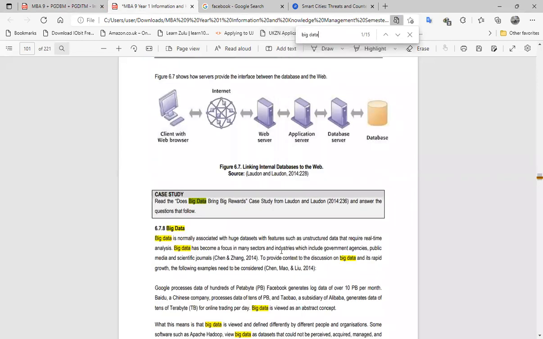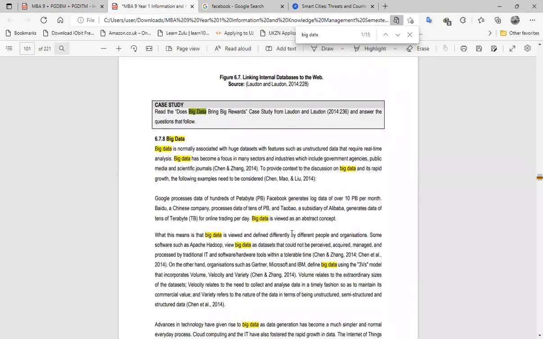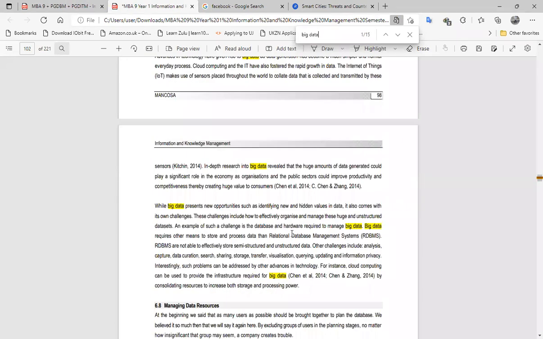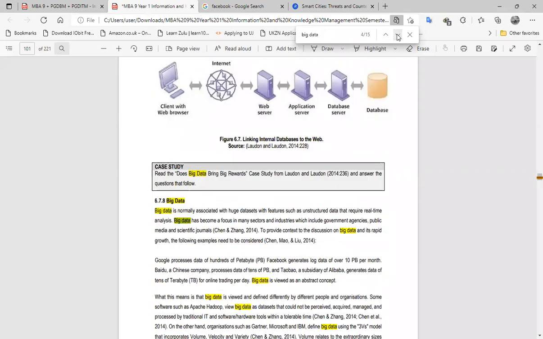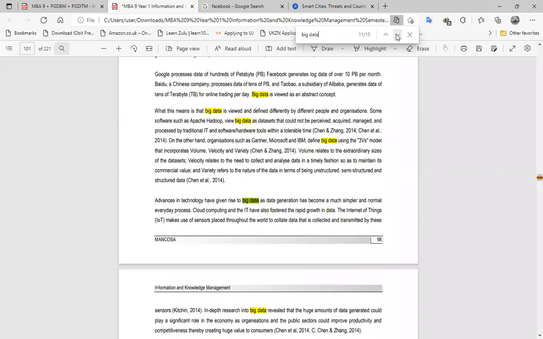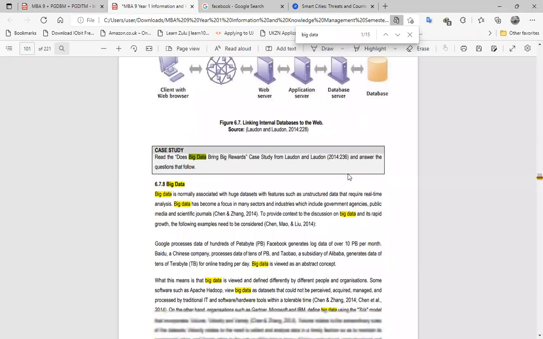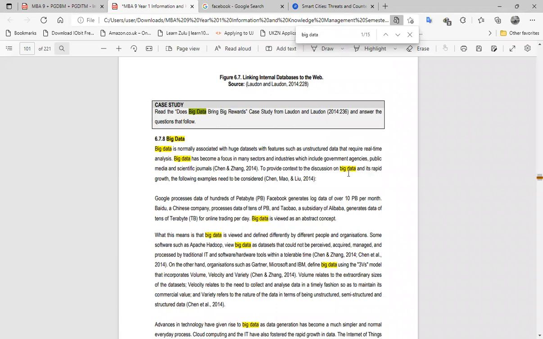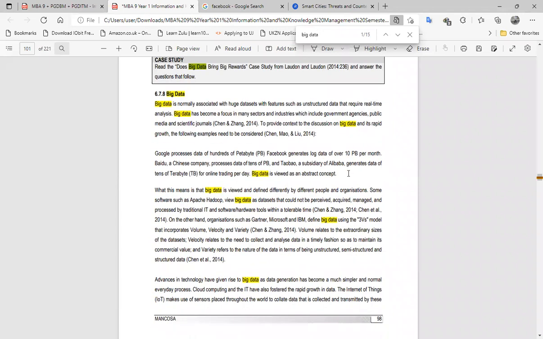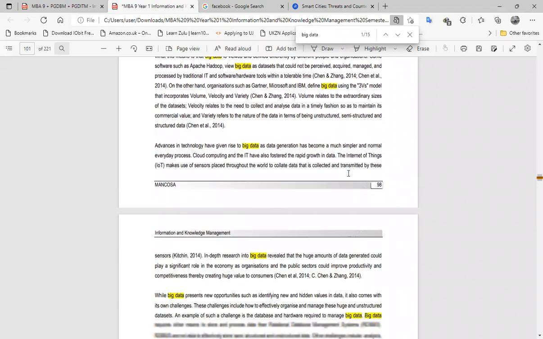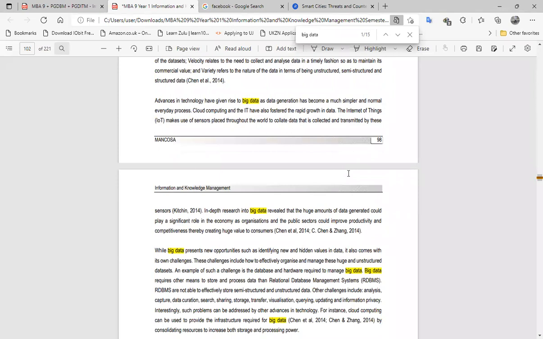Big data is there, so there might be. Yeah, I don't think this information is here.